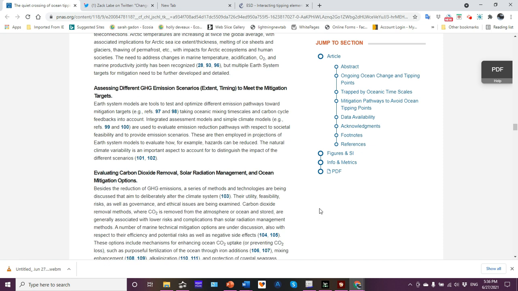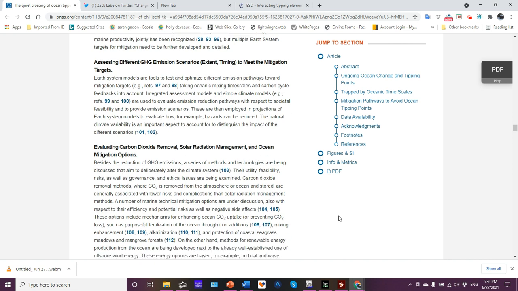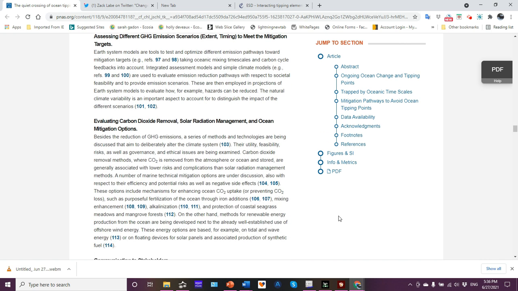Assessing different greenhouse gas emission scenarios, the extent, the timing to meet the mitigation targets. Well, we know that the governments have been a whopping failure on that, with some minor things being done here and there. For example, in Germany, there's a move to put solar panels on all the houses. Okay, fine. But you got to keep one thing in mind.